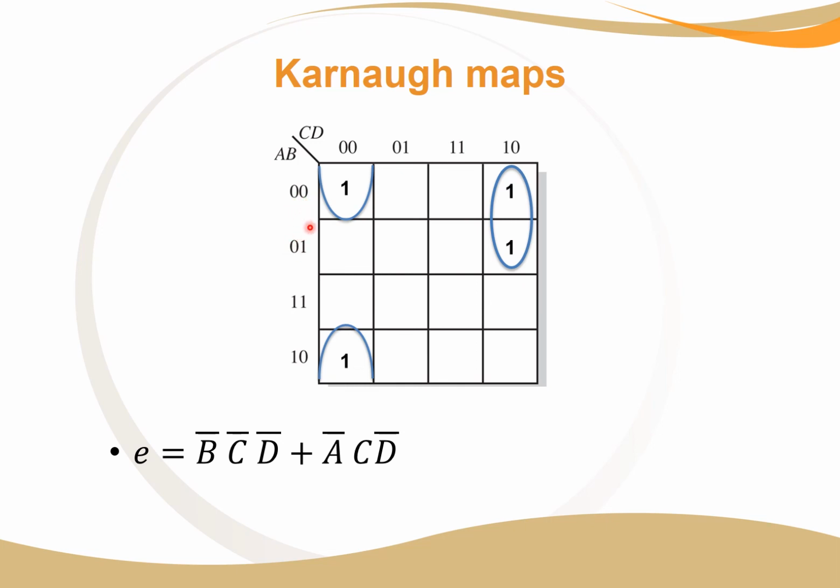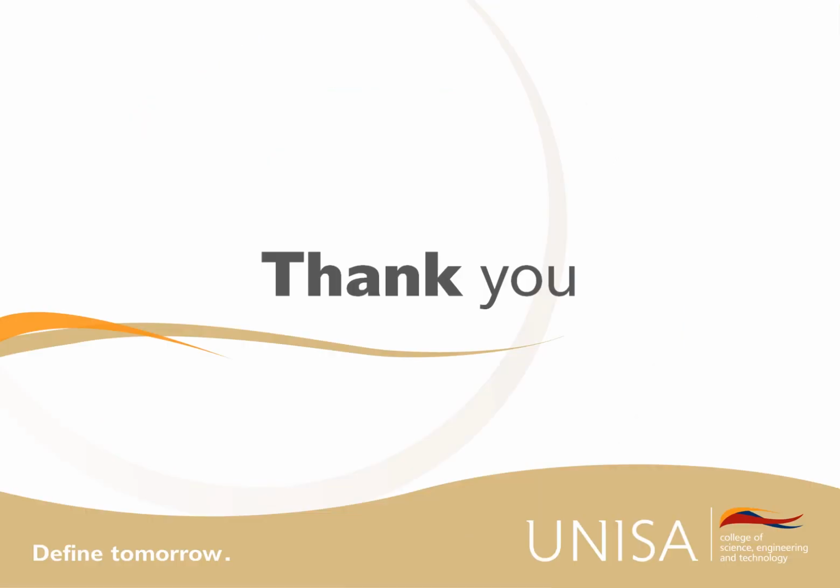B goes from complemented to uncomplemented, so it falls away, and then C is in its uncomplemented form in that row, and in its complemented form for D, which is A naught, C, and then D naught. And that is the simplified form of the equations. From there you can draw the logic diagram and the gates to realize the lighting up of that circuit. So that is Karnaugh maps.